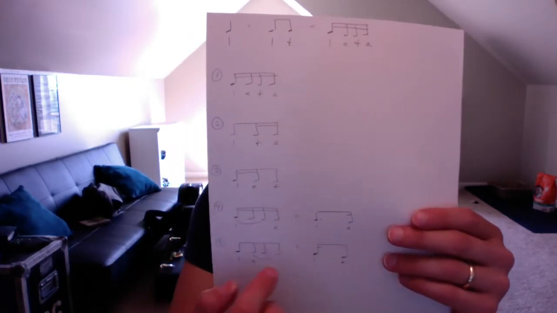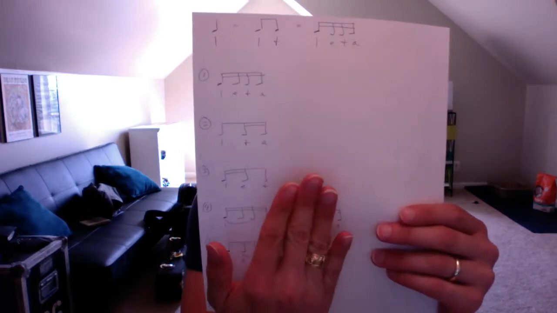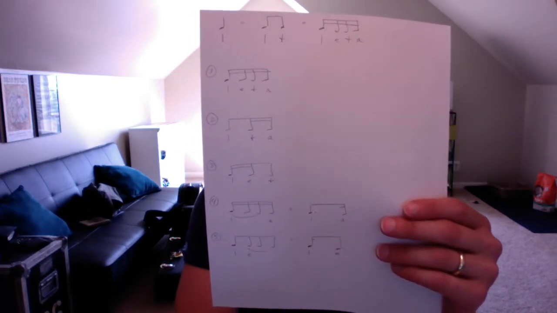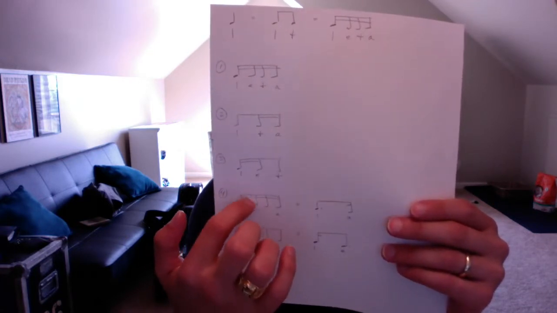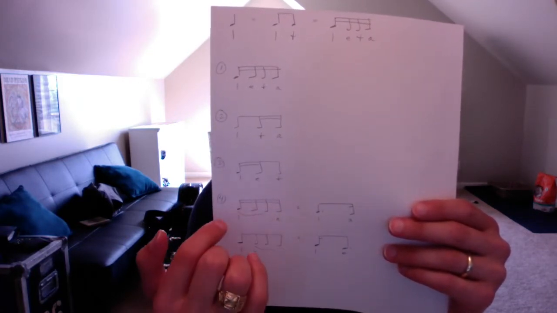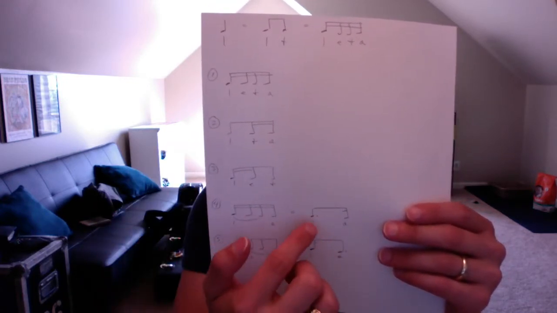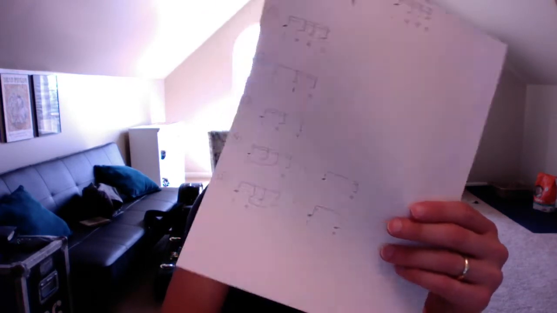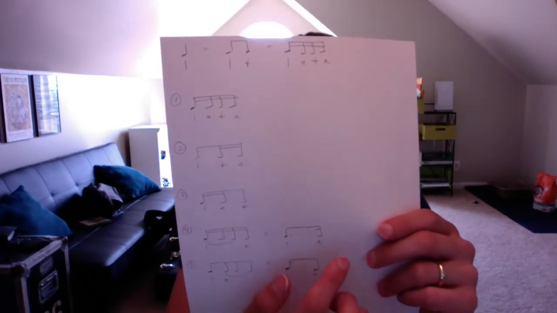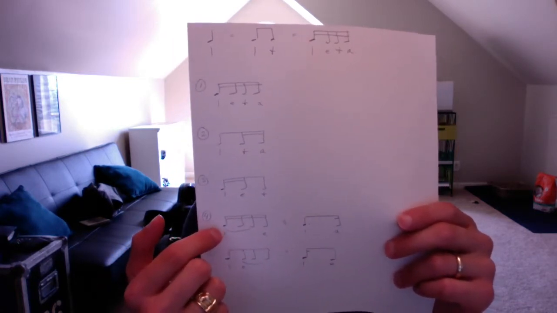Another way to write that is a dotted eighth note followed by a 16th note all by itself. Dotted eighth note is the same as 1 eighth note plus half of its value, which is the same as 3 16th notes or a dotted eighth note. Sorry, I don't even know if I explained that very well, but that's what it looks like. A dotted eighth note followed by a 16th note. It's all by itself. 1 2 3 4.